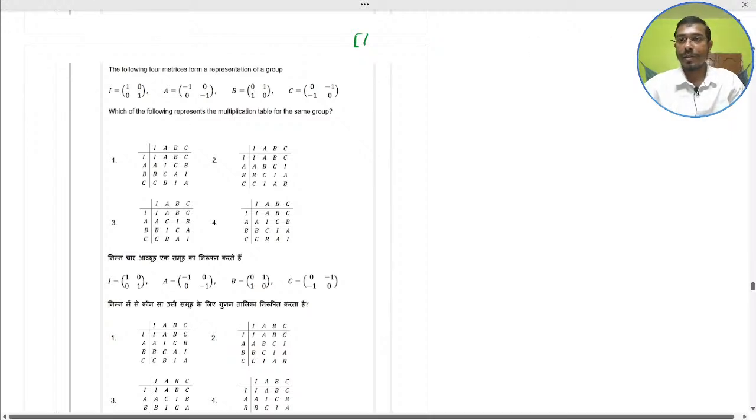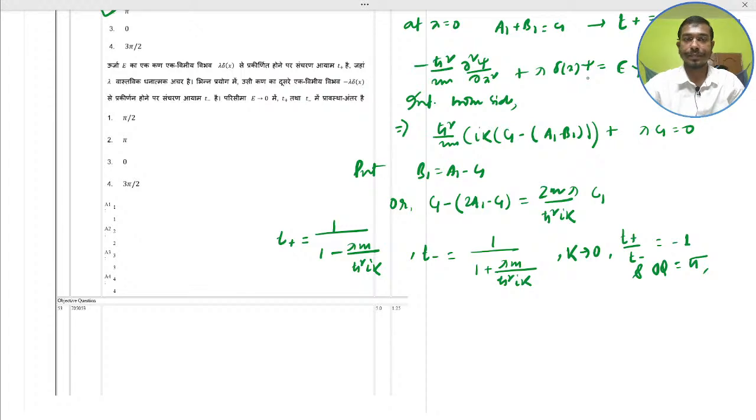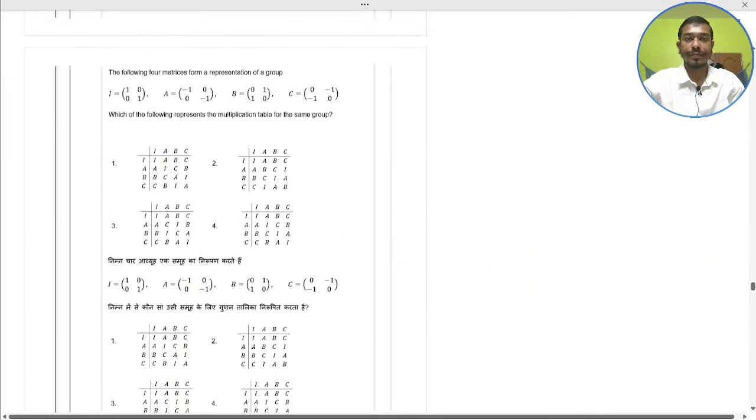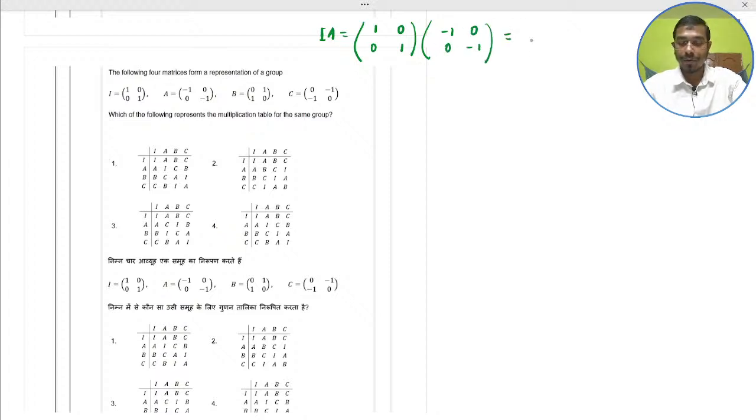First you multiply I into A. I into A means 1 0 0 1 times A, which is minus 1 0 0 minus 1. It would be what?